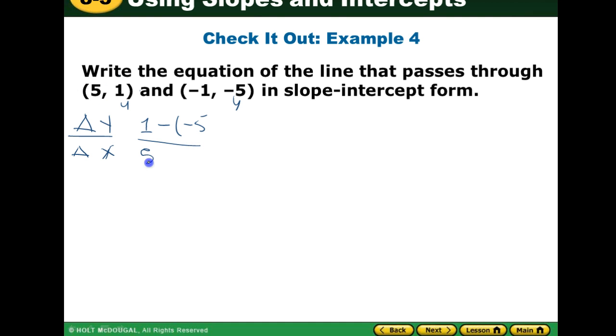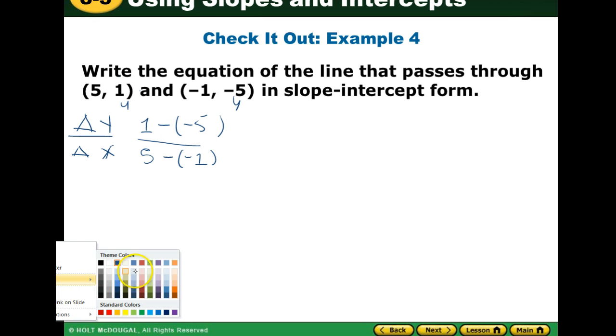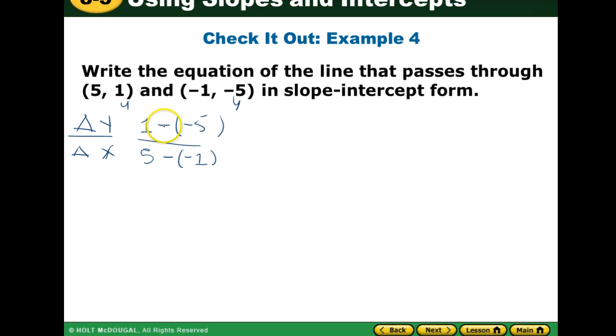I started with this point first just so I do not end up with messy negatives. So 1 minus negative 5 turns into a plus, and that will be 6. And 5 minus negative 1 turns into a plus, and that will be 6. So in this case, the slope here is 1.